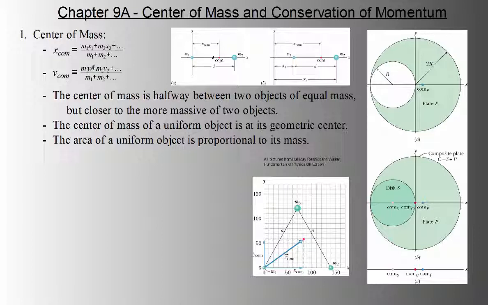Whoops, typo. If these objects are moving, then you could simply use this equation, just like you used the x equation, to figure out the velocity of the center of mass. Usually you would do it at a certain time. Some of these objects might even be accelerating, and so they won't have the same velocities always. So at that point you would have to do it at a certain time.